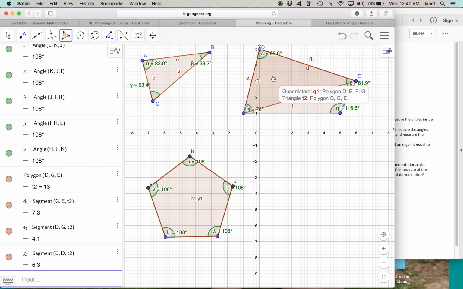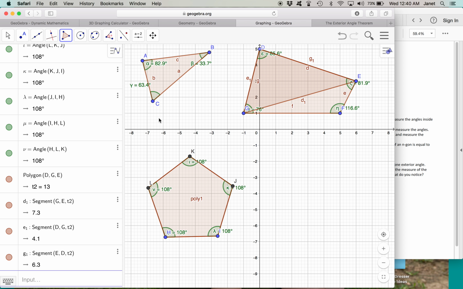So for induction, we know that this sum is 180 degrees and this sum is 180 degrees, and because these angles are adjacent to each other, it means they share a side. That means that the total sum of the angles inside of a quadrilateral should be 180 times 2.